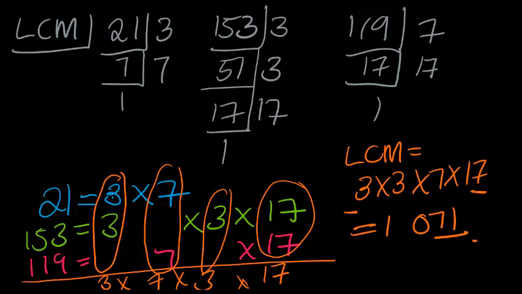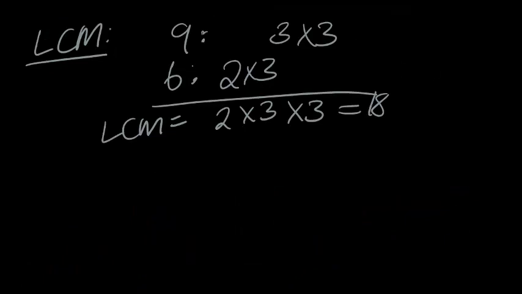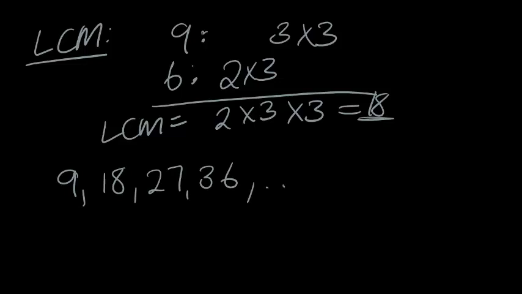Just a quick explanation. When we're talking about lowest common multiple, I'm going back to the question we did where we factorized 9 and 6. And we said the LCM was 18. What does this number actually mean? It means if I count in 9s, I can say 9, 18, 27, 36, etc. And if I count in 6s, I can say 6, 12, 18, 24, etc. The lowest means closest to 0.